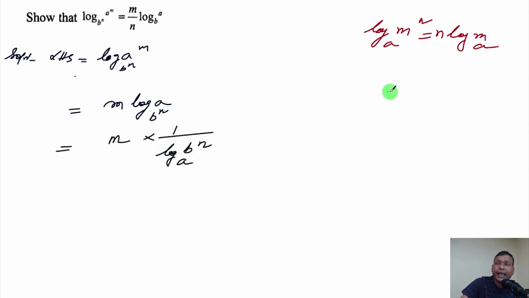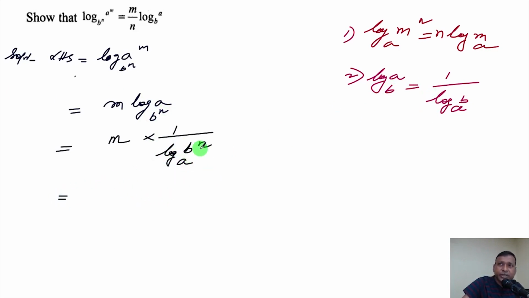So here I have used a property: log a to the base b equals 1 by log b to the base a. Here I change the base. Here the base is b power n. Here I got base a because the base has changed, and to change the base we always use this property, log a to the base b equal to 1 by log b to the base a.